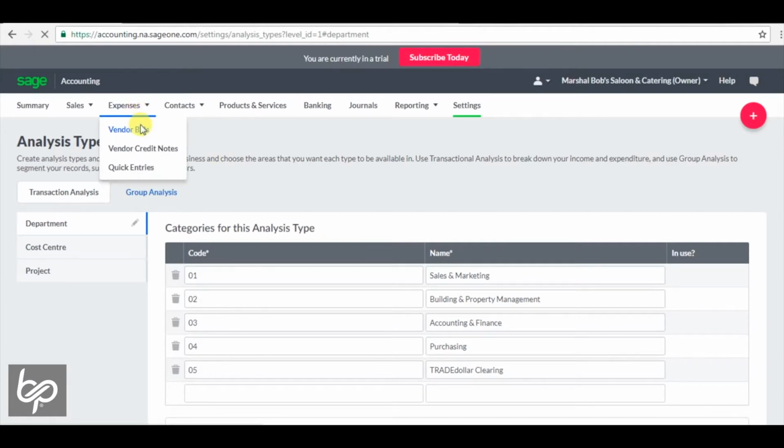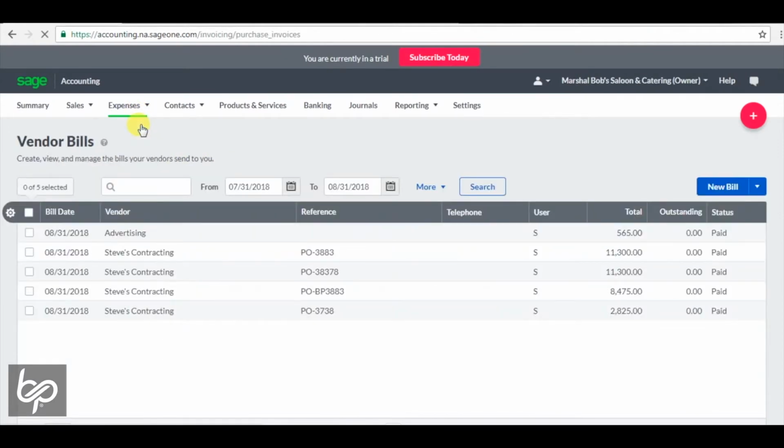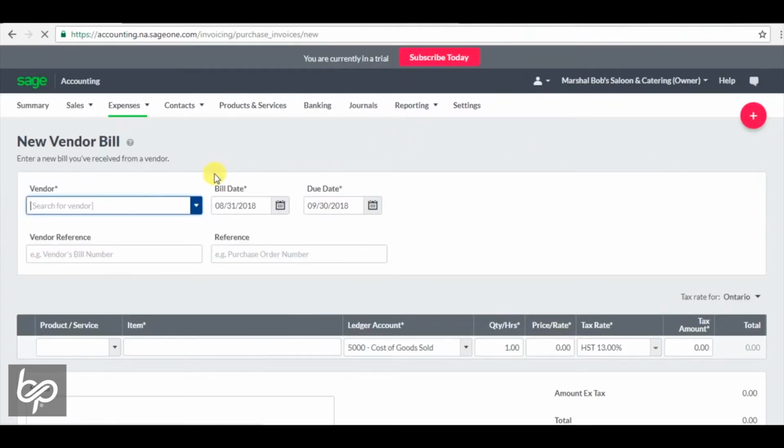And so let's say you're going in here doing a vendor bill. If you've been watching some of my other videos with respect to accounting, we've got Steve's Contracting as our contractor that we're working with. And so for Steve here, he's given us a trade invoice and also a cash invoice. In this case, we're dealing with the trade invoice.